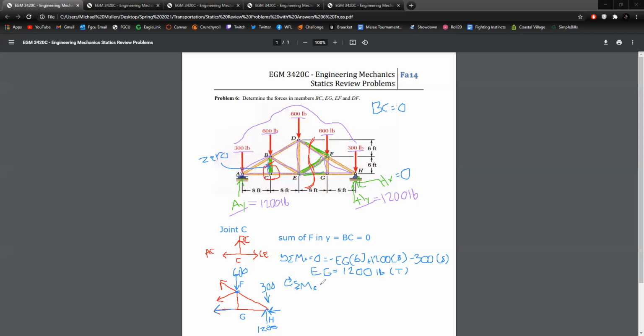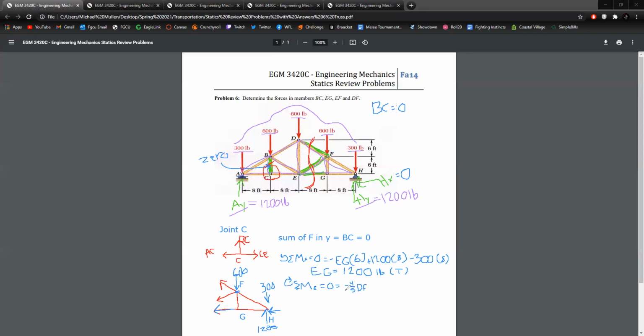The sum of moments at E is equal to 0, and going around E in a clockwise motion, we're going to have the X and Y components of DF. So we'll have minus 4/5 DF.